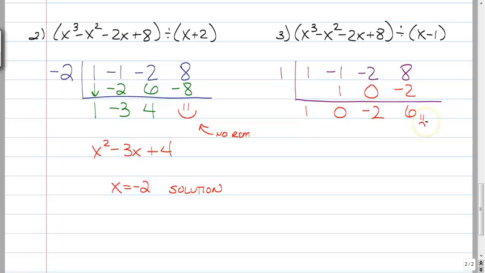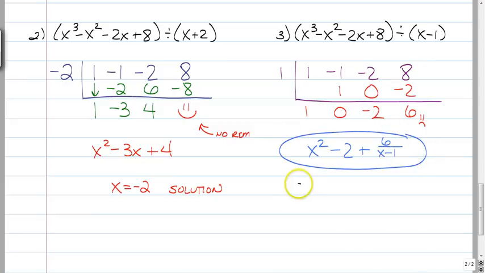So our answer to the division is actually x squared minus 2 plus 6 over x minus 1. That's our division, but that means x equals 1 is not a solution because it gave us a remainder.